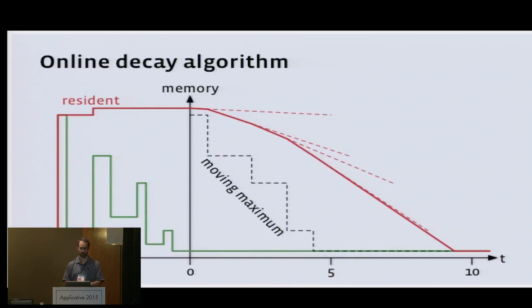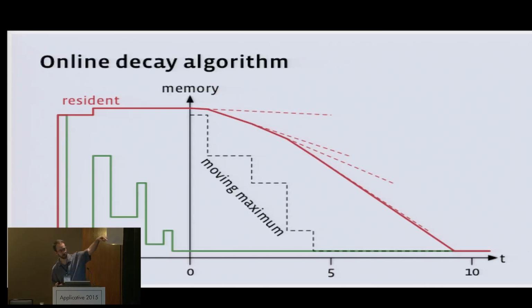Here's the online decay algorithm as it would look with a moving maximum. Again, this is similar to some diagrams you saw a moment ago. We've got time 0, that's where we're at right now. We've got a 5-second window into the past, and we're going to compute a moving maximum that shows what the maximum active memory was over the past 5 seconds. And our desire is to converge between the active memory and the resident memory within 5 seconds.